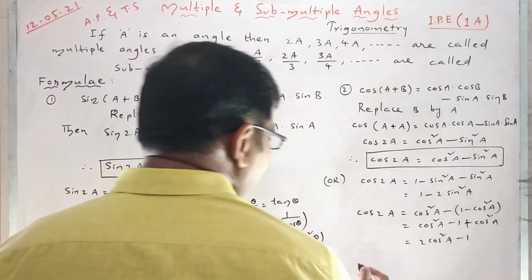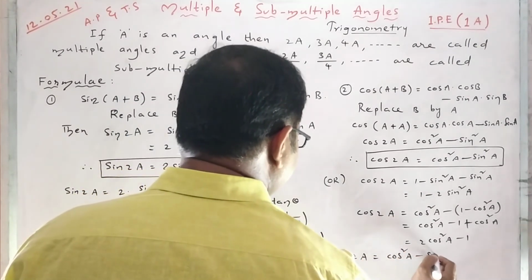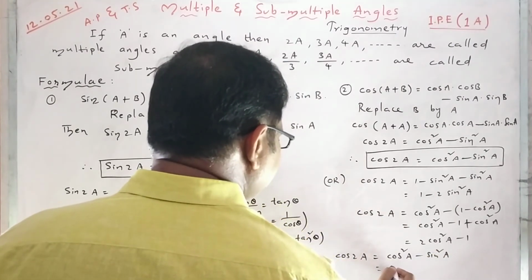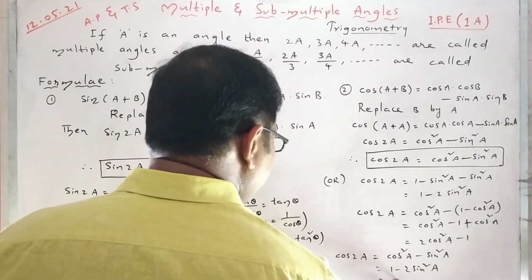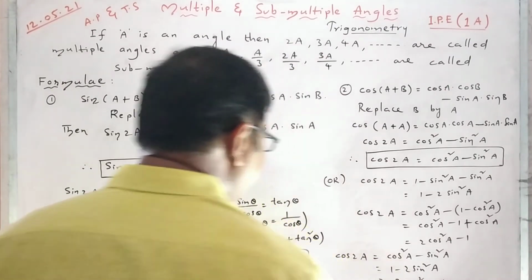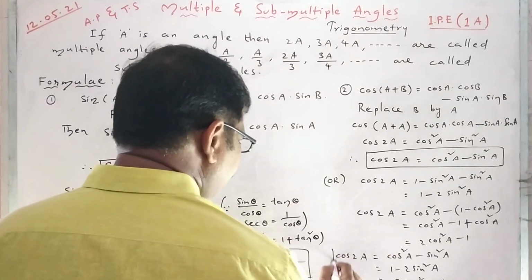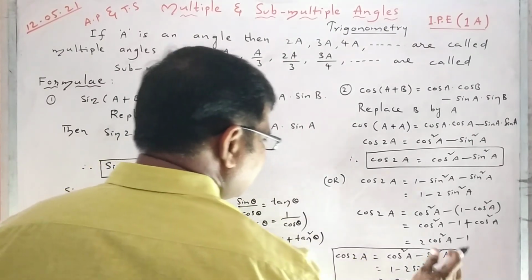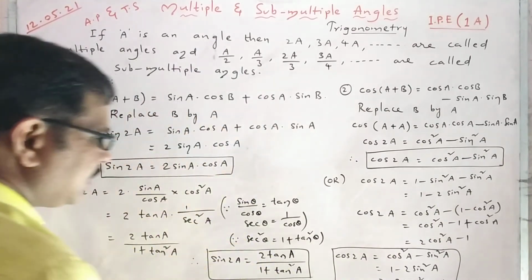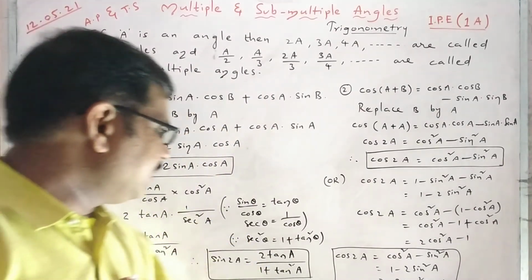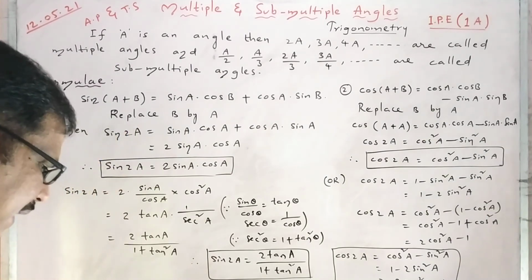So cos 2A has got 3 formulae here: cos square A minus sin square A; only in terms of sin, 1 minus 2 sin square A; and only in terms of cos, 2 cos square A minus 1.